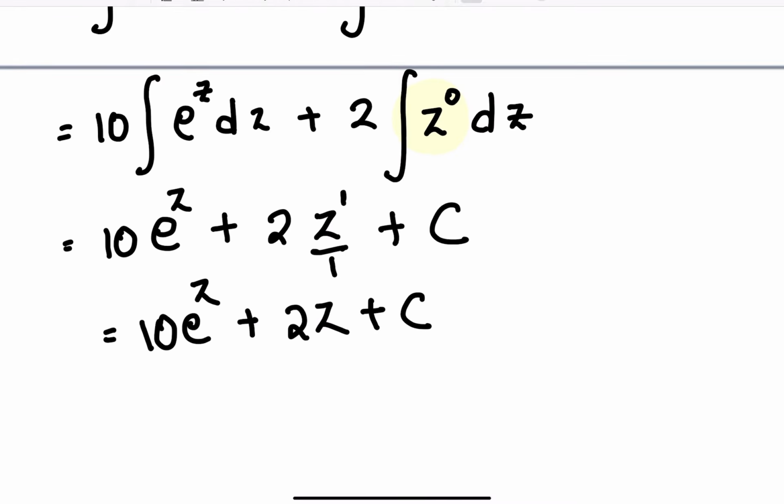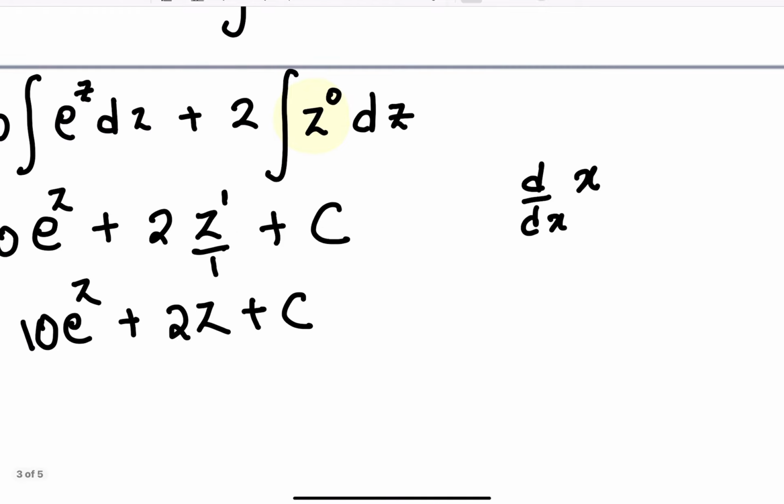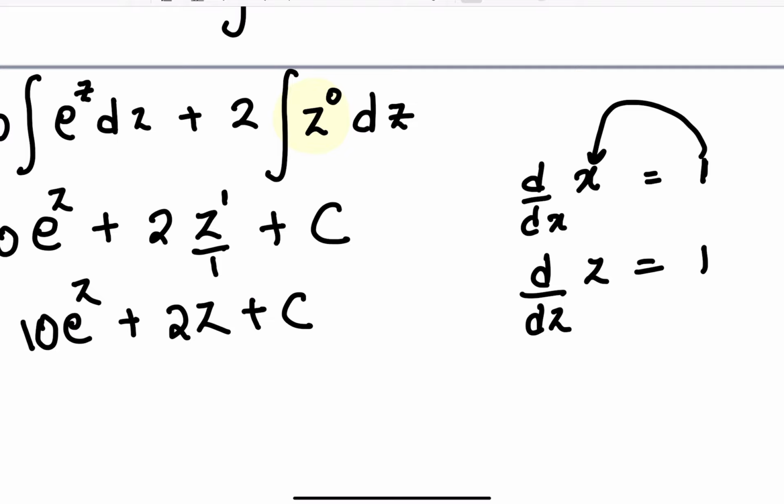Now you might say, Miss, why did you do that? Go ahead, give me the derivative of d by dx of x. The derivative of x is 1, so the antiderivative of 1 is x. d by dz of z is 1, so the antiderivative of 1 is z.